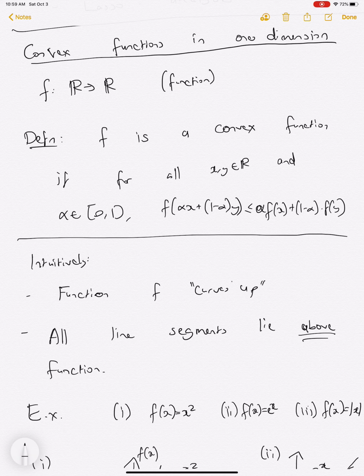It says that f is a convex function if for all x and y in R and alpha in 0 to 1, if you take any convex combination, alpha x plus 1 minus alpha y, that's less than or equal to alpha times f of x plus 1 minus alpha times f of y. Intuitively, all that really means is that the function curves up, or what the definition is saying exactly is that all line segments lie above the function.